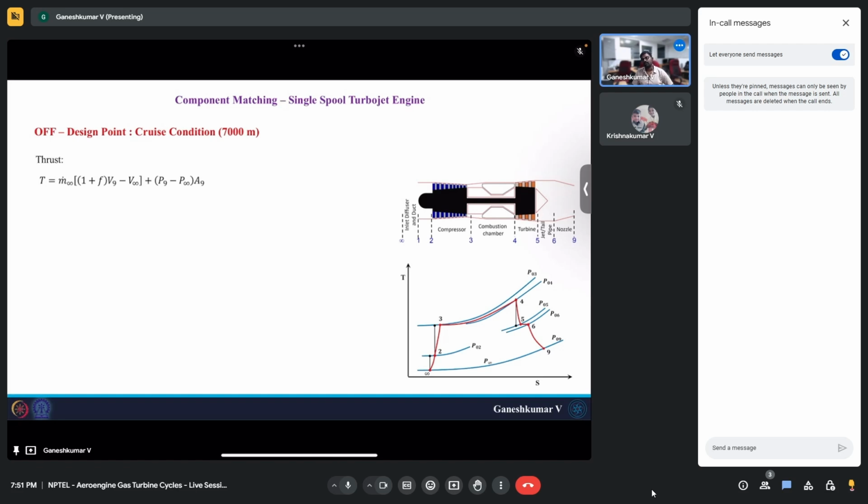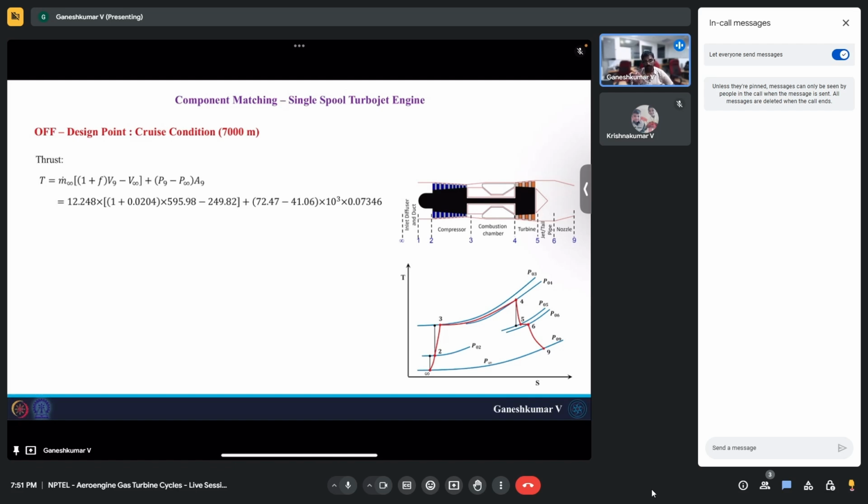If you substitute these numbers, V infinity corresponding to Mach 0.8 is 249.82 meters per second. V9 we just found out, and F and m dot also we found out. P9 is 72.47 and the P ambient is 41.06. And A9, you should note here, is coming from the design condition.